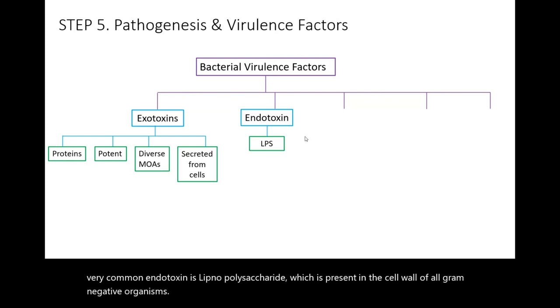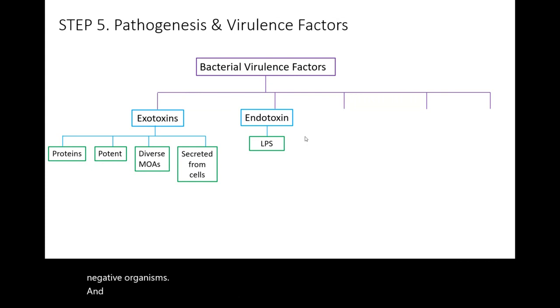And so endo means within. So an endotoxin is made within the cell and it remains as part of the cell, unlike the exotoxins, which got shipped out into the host. With endotoxins, they all have a very similar effect.